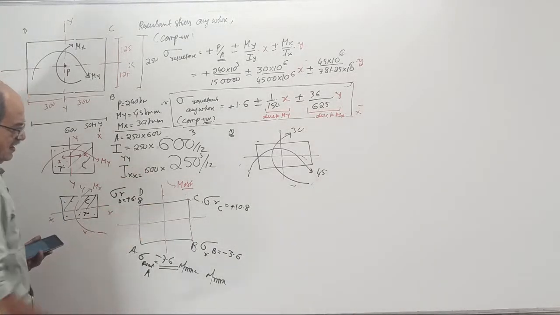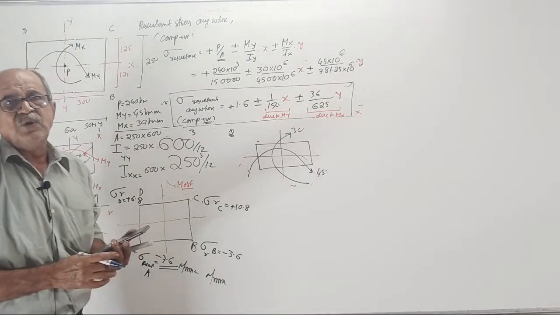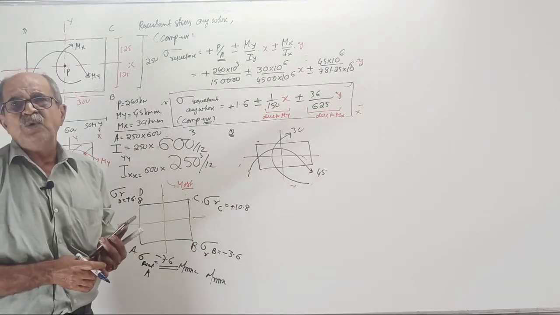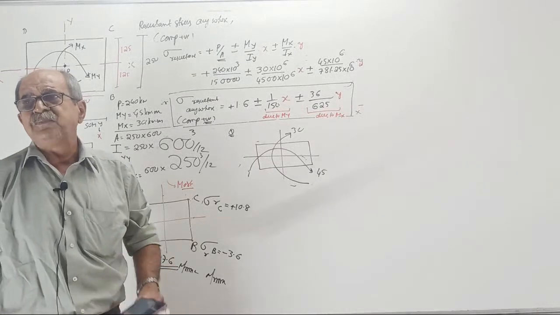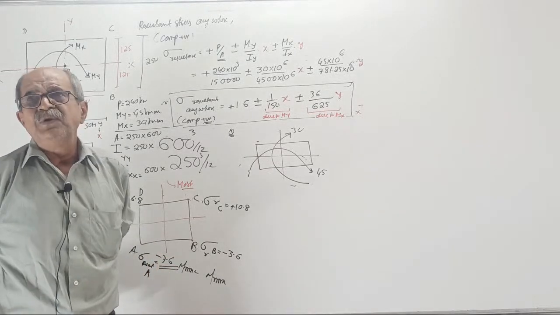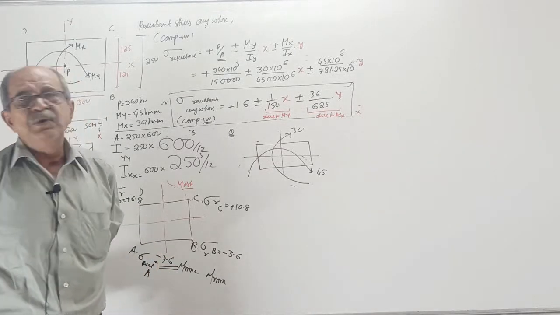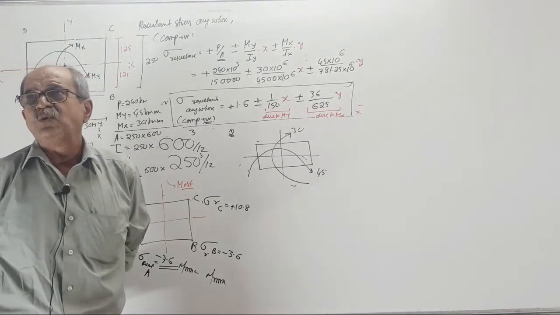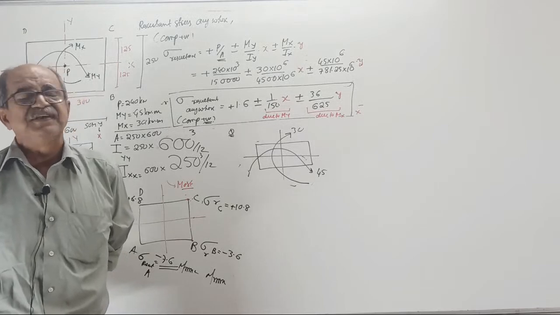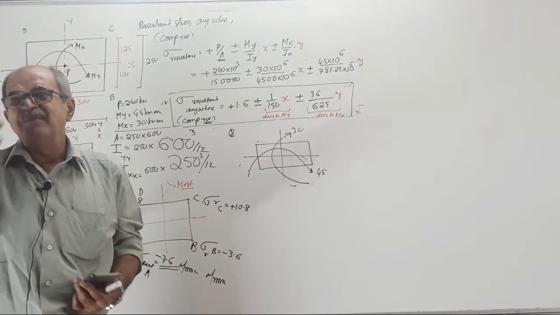Now, yesterday I told you that if you add all the 4, you get 1.6. I forgot to mention, you should divide by 4. Then you get 1.6. I forgot yesterday; sometimes it happens.